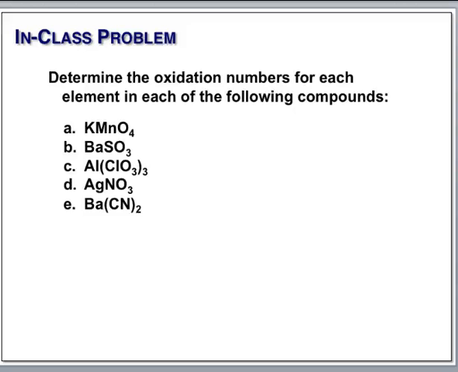Look at potassium permanganate. Our oxygens are going to be -2, aren't they? So that's 8 negatives. Remember, we had a rule for group 1 elements. They were always going to be +1. So we have 8 negatives and 1 positive.